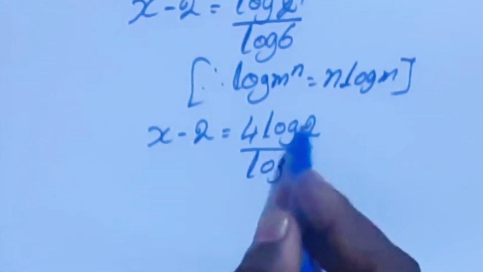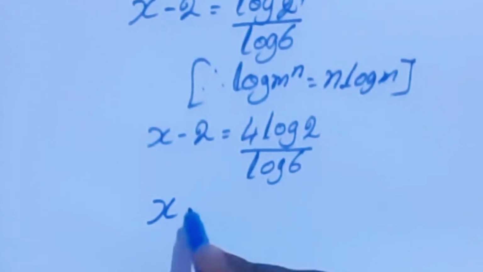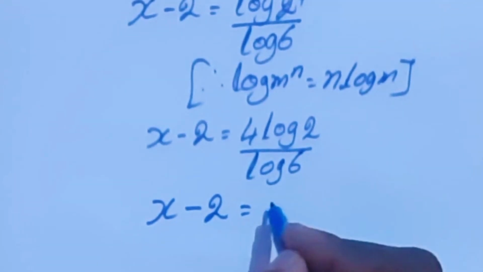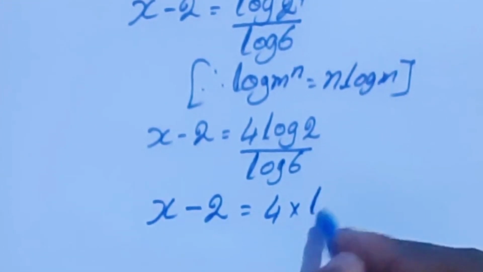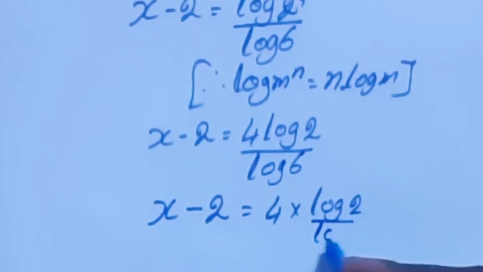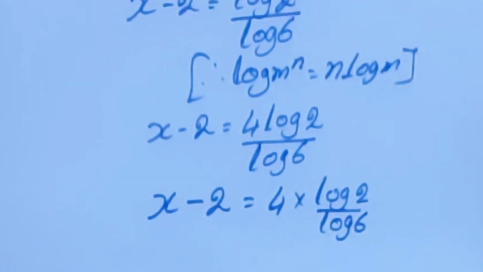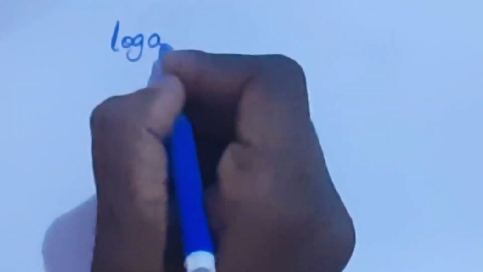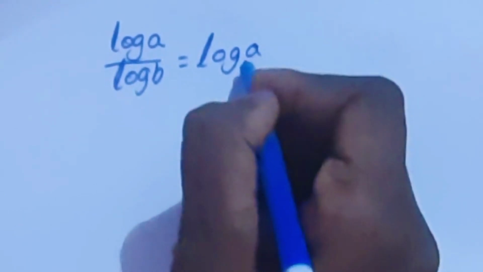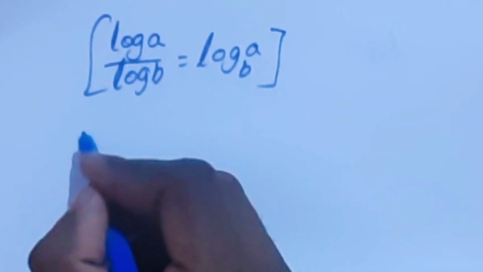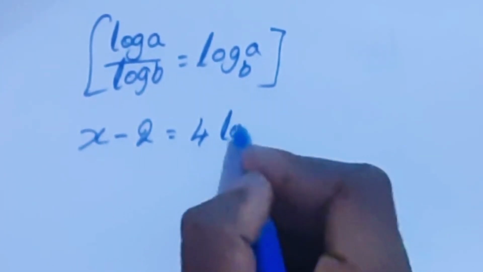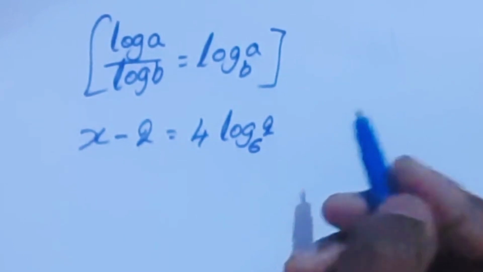Now this can be written as x minus 2 equal to 4 times log 2 by log 6. Now we are going to apply this log formula, that log a by log b equal to log a base b. So we'll get x minus 2 equal to 4 log 2 base 6.